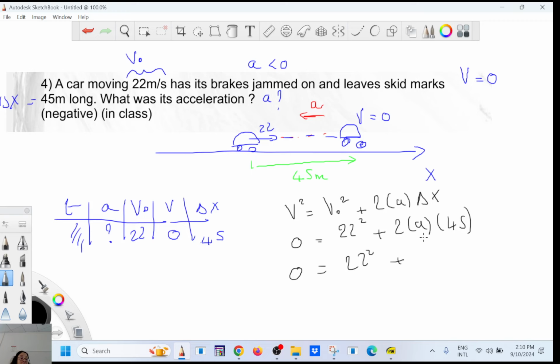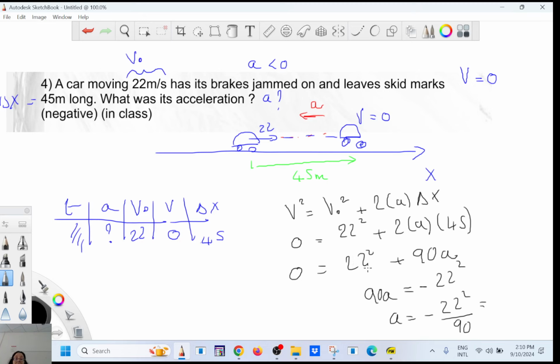So you combine the coefficient, which is 98. So this is just algebra, right? You don't have to carry the 22 squared.